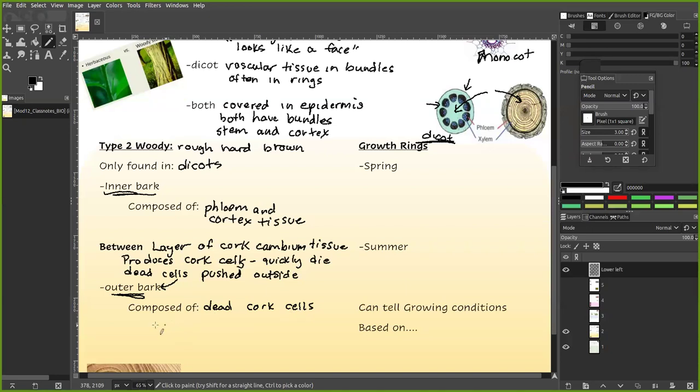And sometimes you see it crack and break. And that shows you that there are more dead cork cells pushing from the inside, because once they form, they don't flex. They don't fill in nice and smoothly. They just crack.